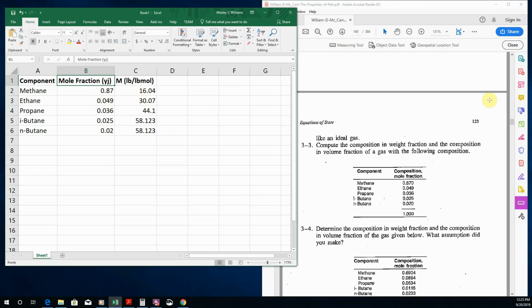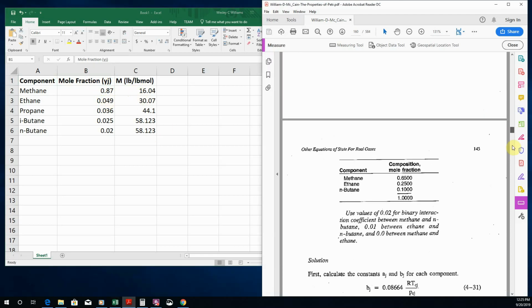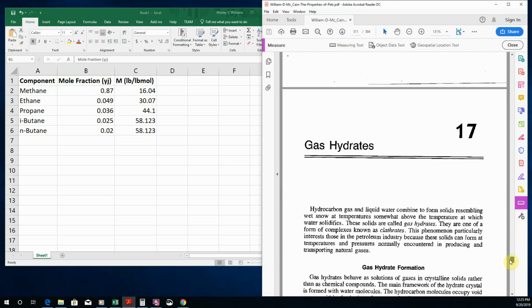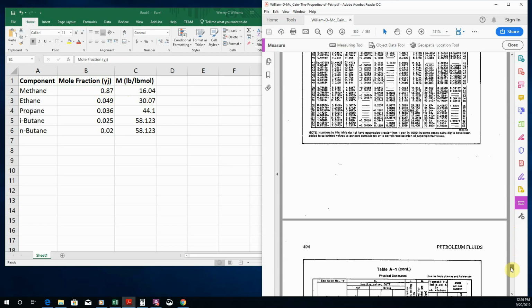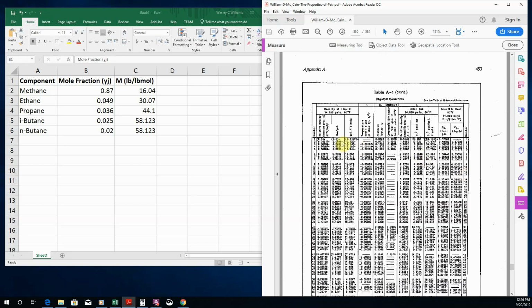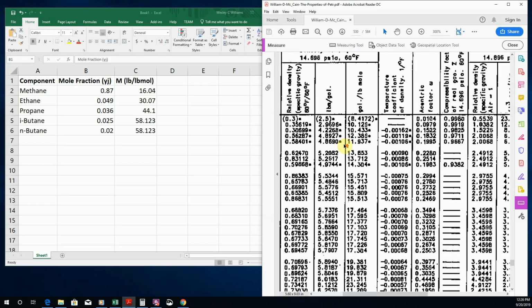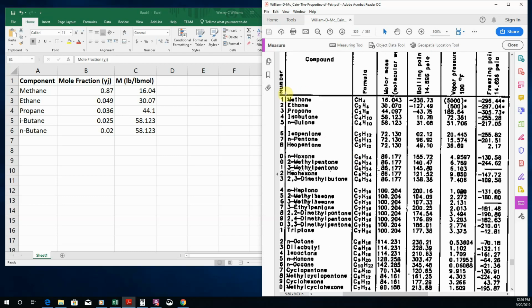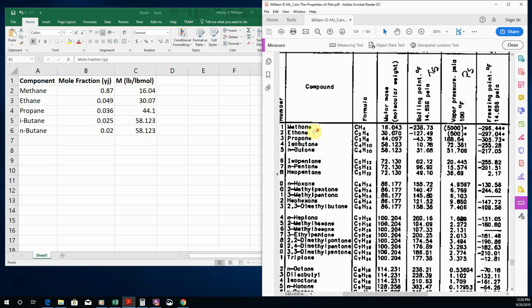And went on into the back. If you go to the back table, I can show you that in the appendix. This is the very first chart in the appendix. If I zoom in, here's methane. This is table A1 in the appendix. Here's methane.